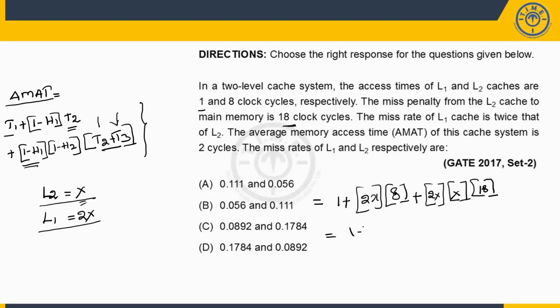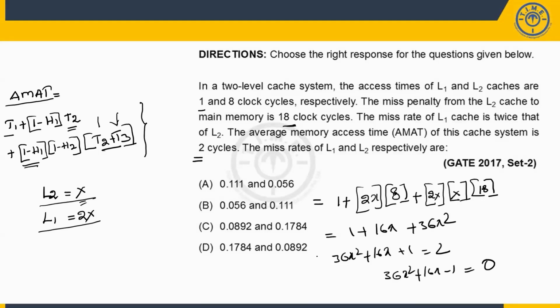That is equal to 1 plus 16X plus 36X square. We can also say 36X square plus 16X plus 1 is equal to 2, because the average memory access time is given as 2 cycles. That simplifies to 36X square plus 16X minus 1 equal to 0.